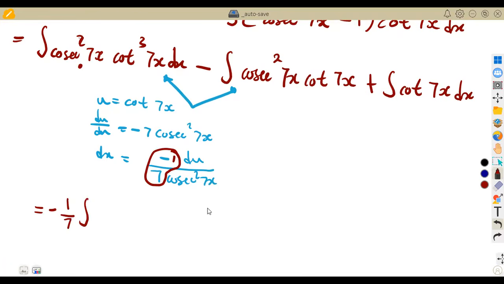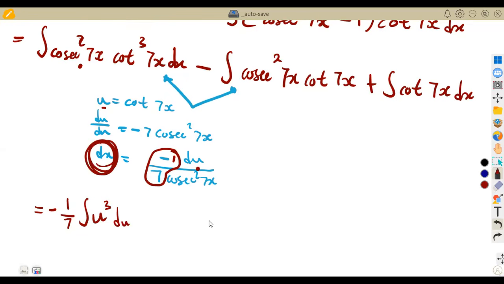The cosec squared 7x in the denominator will cancel with this one. Meaning to say we are just going to be left with cot. And this is cot, which is represented by what? By u. So it's the integral of u to the exponent of 3 with respect to u this time.